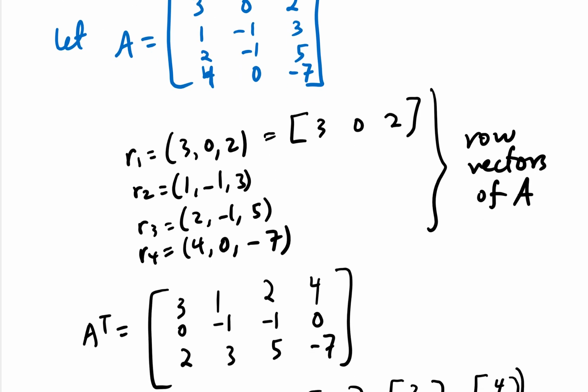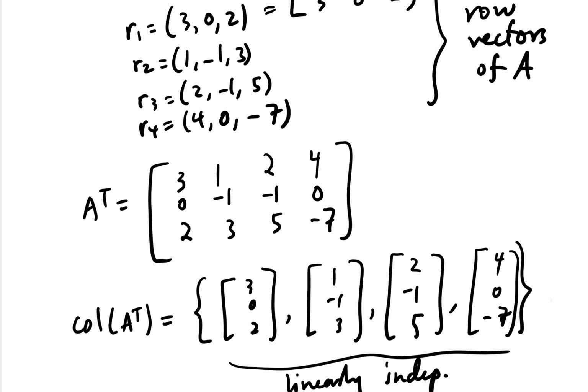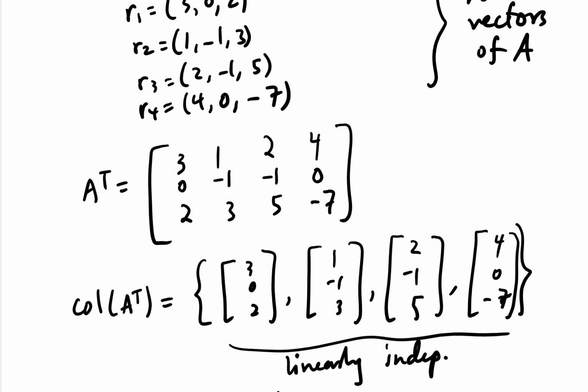So what I'm going to do is find the transpose of A by making rows columns and columns rows. Why do we need to find A transpose here? Well, I'll show you. If we take the column space of A transpose, what is it? It's these columns, right? Assuming this is a linearly independent set, which at some point we need to prove. But assume here it's linearly independent, and it should be. So the column space of A transpose is given by this.